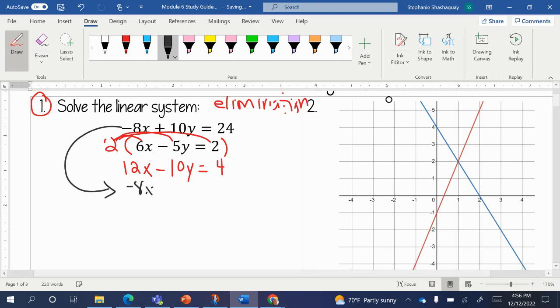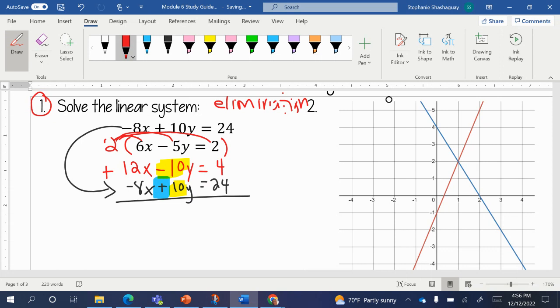So I have negative 8x plus 10y is equal to 24. Because I have the same coefficient with opposite signs, a negative and a positive, now I can simply add the equations together, and my y variable will cancel out.